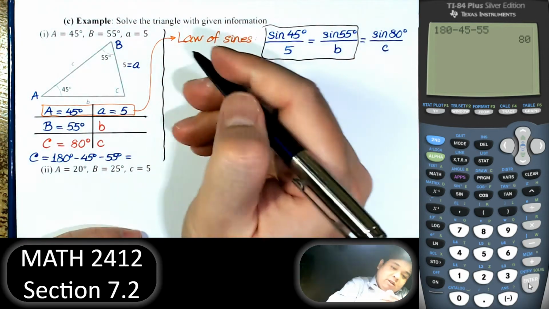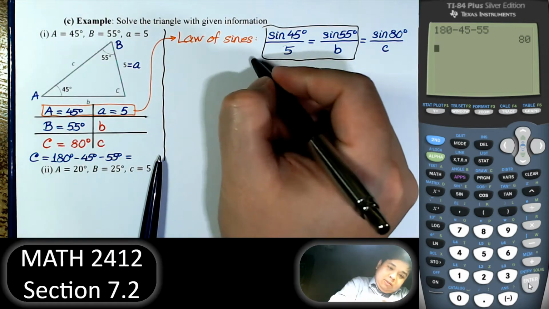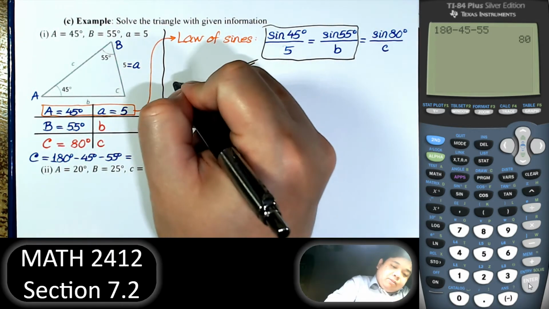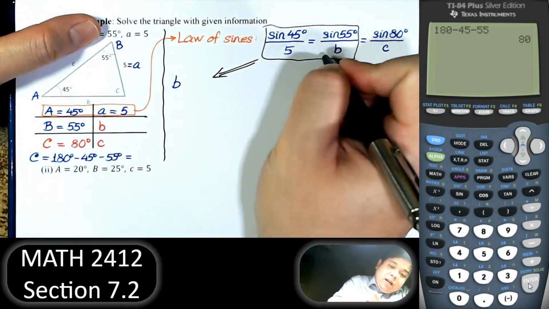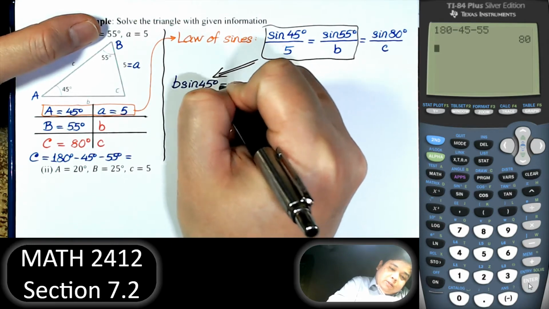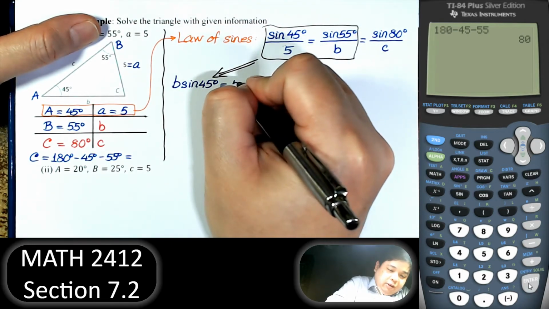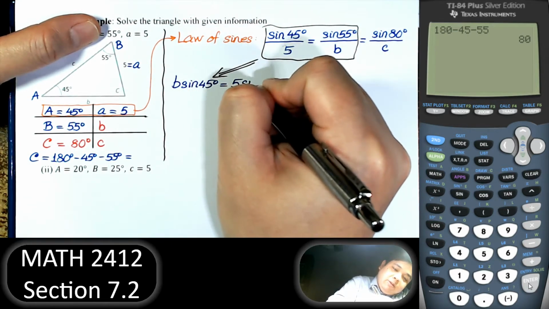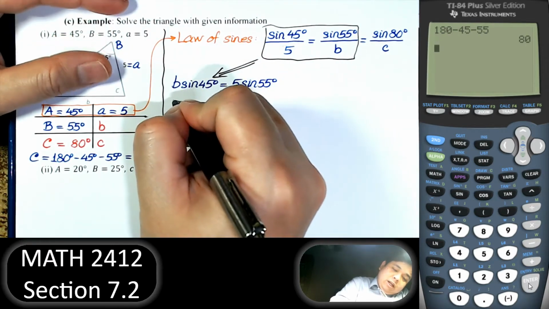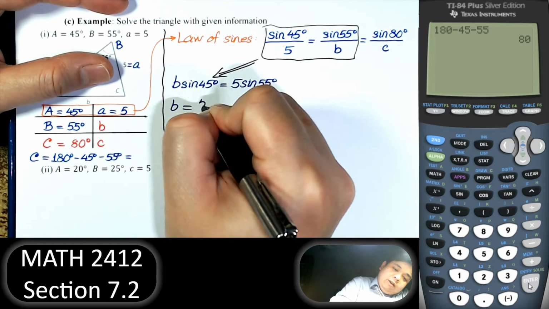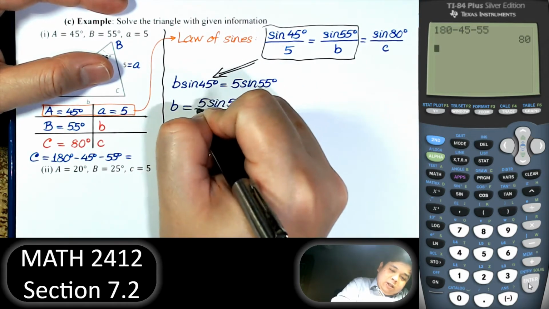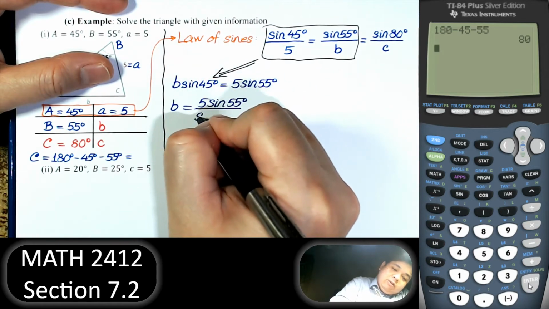Cross multiply: b sine of 45 degrees equals 5 times sine of 55 degrees. So b equals 5 sine of 55 degrees divided by sine of 45 degrees.